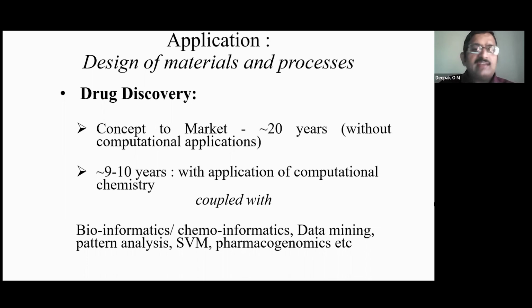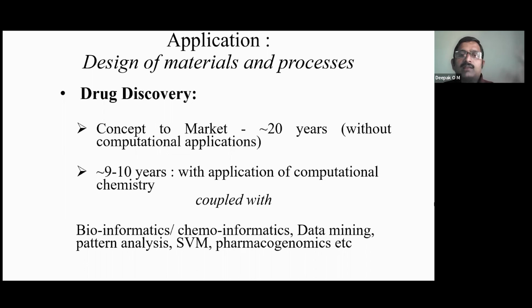Towards the end, I'll just tell about one significance with respect to the application of computational chemistry. It is utilized nowadays extensively in the design of materials and processes. One major area where it is applied is drug discovery. Generally, it used to take about 25 years from concept to market for a particular drug molecule, for example if there is an outbreak of a disease.